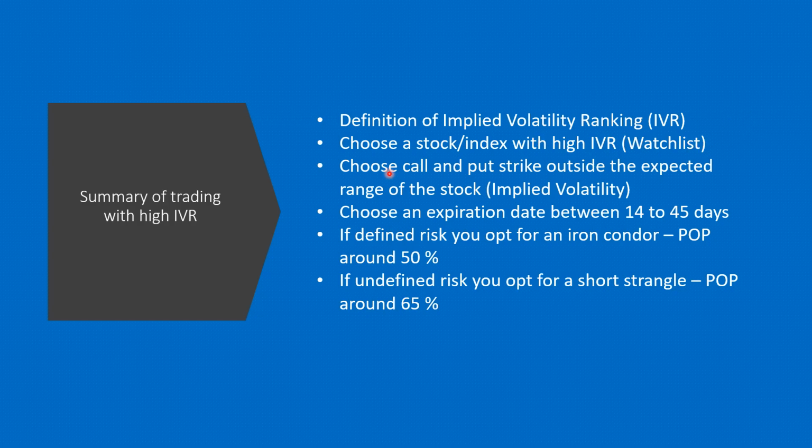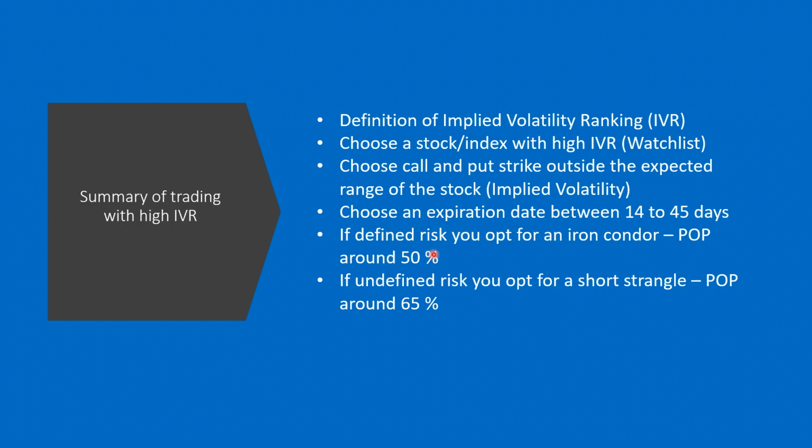Then you choose a call and put strike outside the expected range, as we've seen, since you have this information of the implied volatility. You choose an expiration of the two options between 14 and, as I said, 45 days. This is probably much better because you would get a higher premium. And then you define yourself defined risk or undefined.